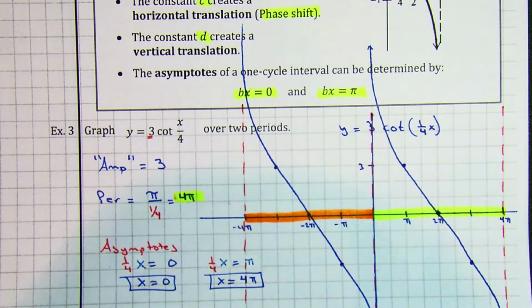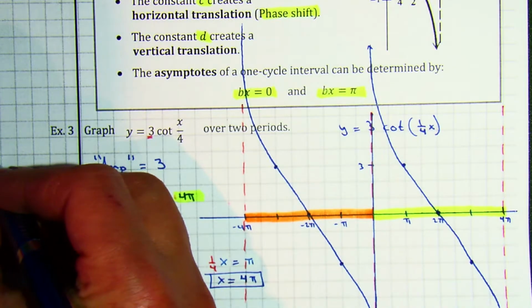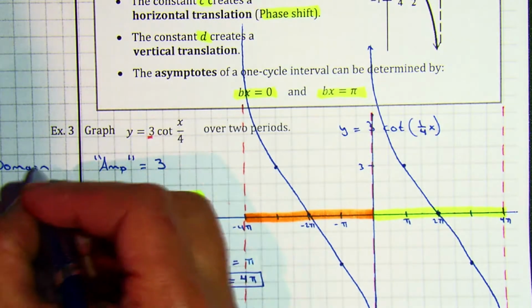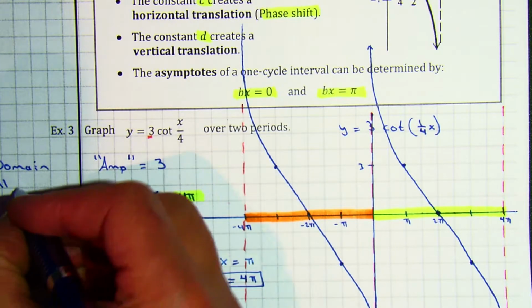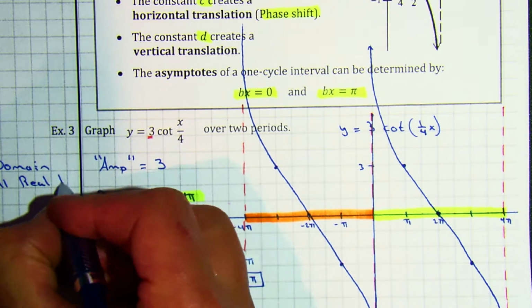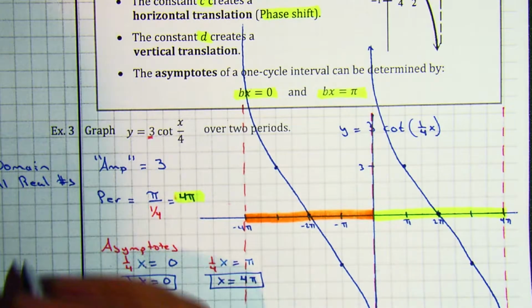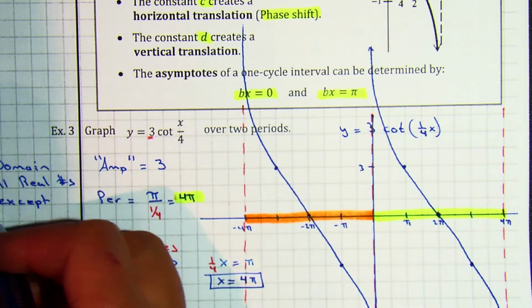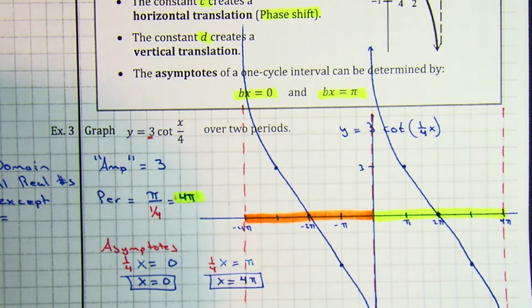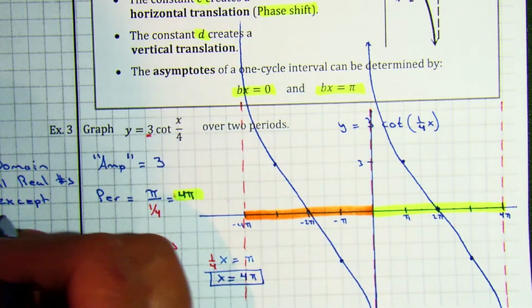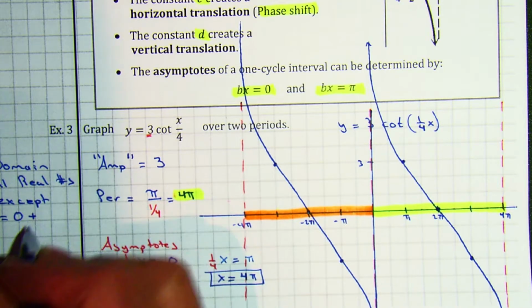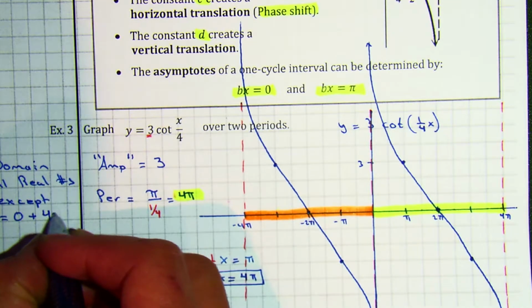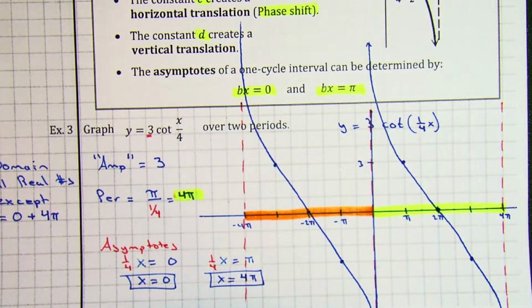Next, my domain and range. My domain is going to be all real numbers except when x is equal to, I'm going to select one of my asymptotes, which will be 0, plus my period, 4 pi n.